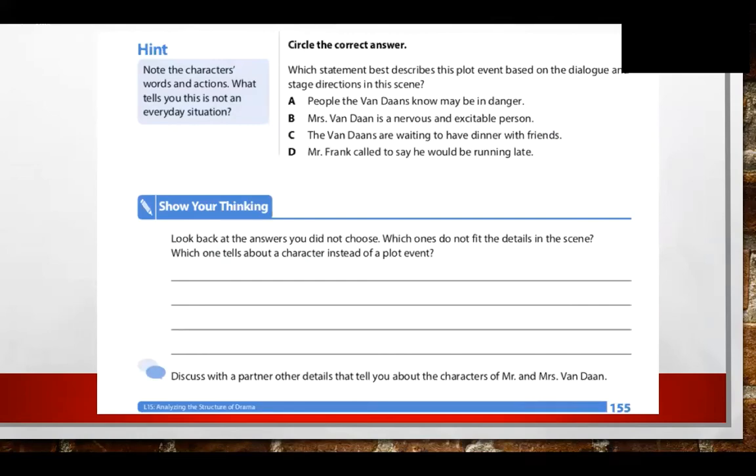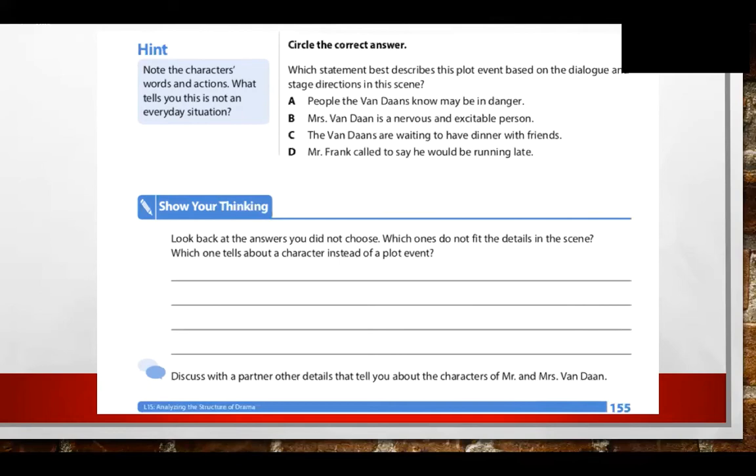The next one says Mrs. Van Dam is a nervous and excitable person. Is that what's happening in this part of the play, or does that just show Mrs. Van Dam's personality? If you answered correctly, you said the second one. It just shows her personality.